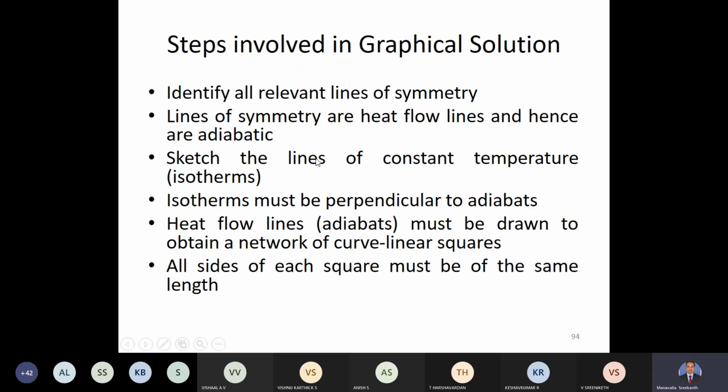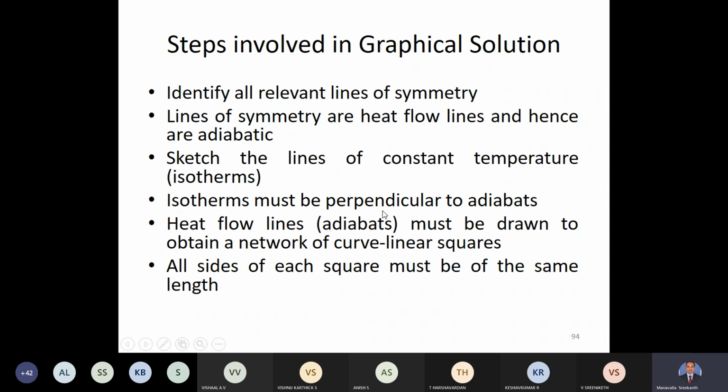So the different steps involved in the flux plot: identify all the relevant lines of symmetry. Whenever you have a line of symmetry, that line acts as an adiabatic condition. So lines of symmetry are heat flow lines and hence are adiabatic. Sketch the lines of constant temperature, which are isotherms.